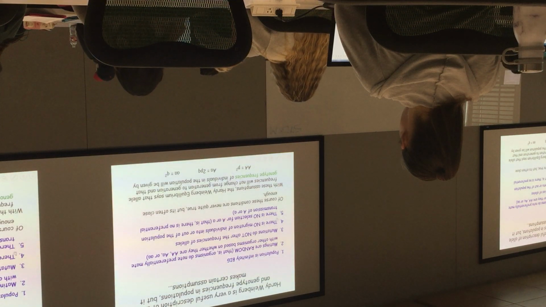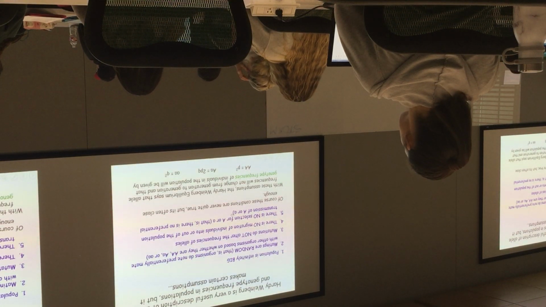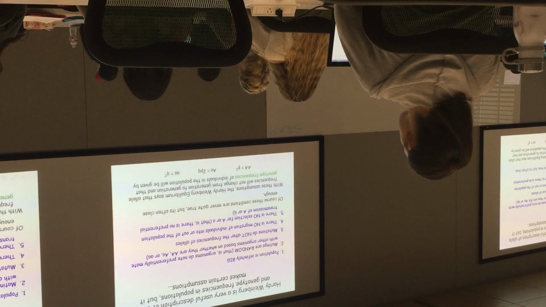A couple of others that we'll deal with as exceptions later. We're going to assume there's no migration of organisms into or out of the population that we're dealing with, because that could change allele frequencies if those two populations didn't match perfectly. And there's no selection for these alleles. There's no preferential transmission of big A or small a.